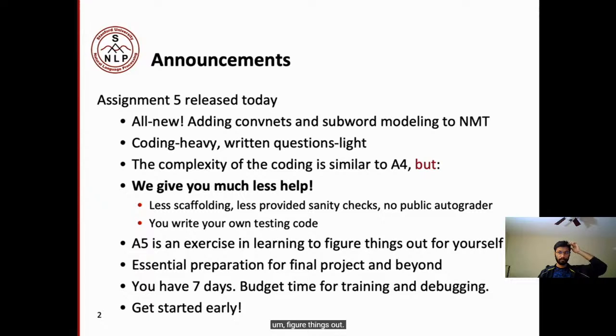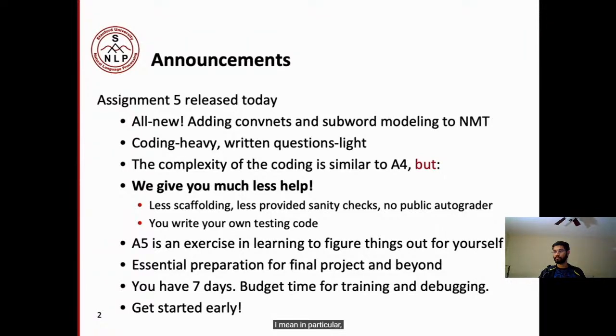So you've got to figure things out, and should write your own testing code. We don't have a public auto-grader, so that's part of working out your own sanity checks, trying to do things like what I talked about last week of getting simple bits working, confirming that they work on minute amounts of test data and so on, and doing things more sensibly.